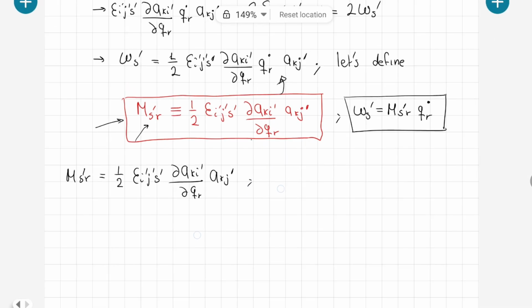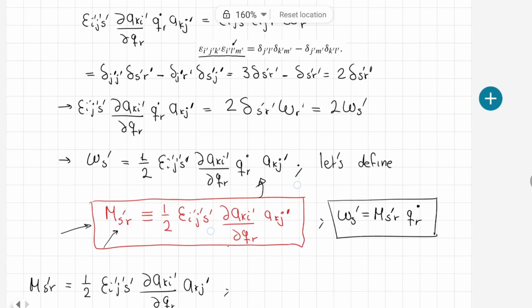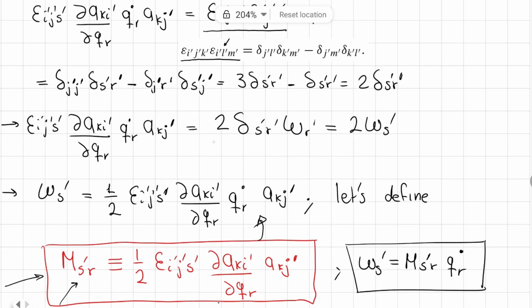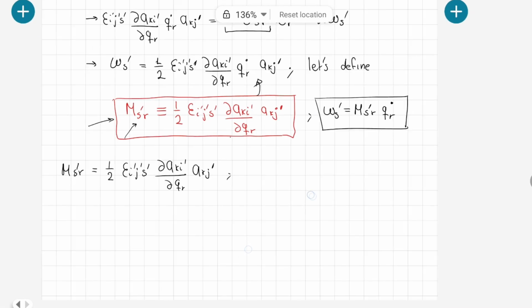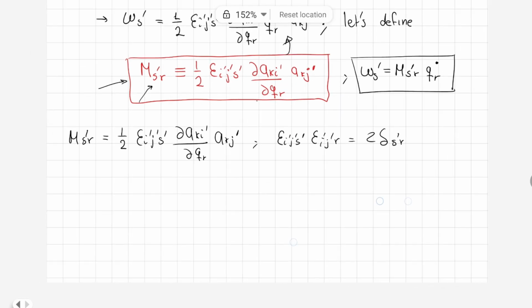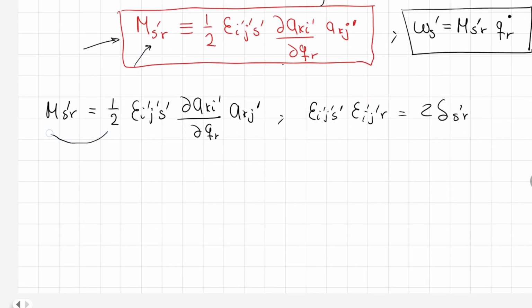And remember that on the previous step, we found that this product of Levi-Civitas were equal to 2 times the Kronecker delta SR. So we are going to use that again. We had that the Levi-Civita symbol IJS times the Levi-Civita symbol IJR is equal to 2 times the Kronecker delta SR. Okay, and first of all, let's take these two into the other side of the equation, multiplying.